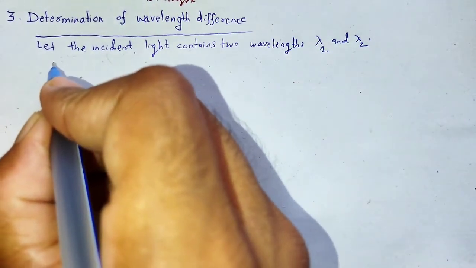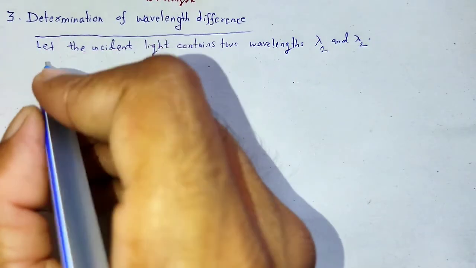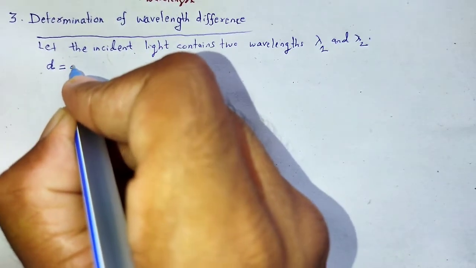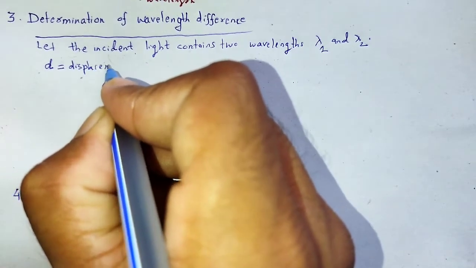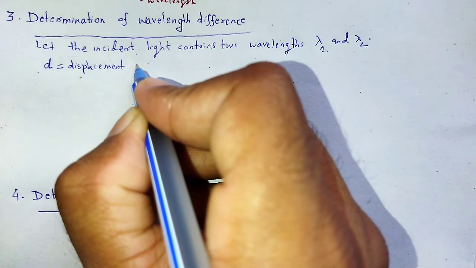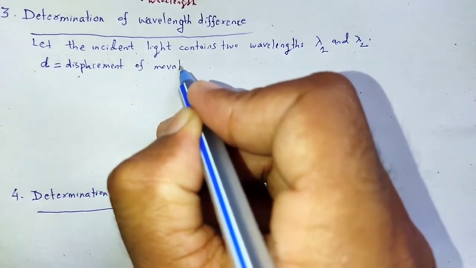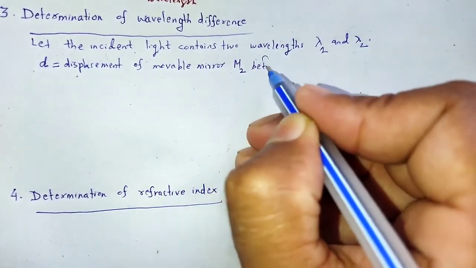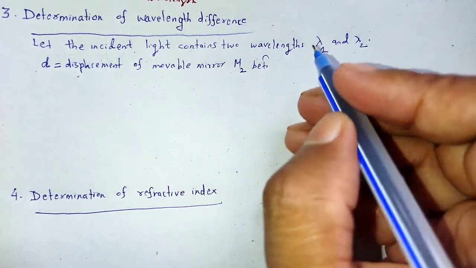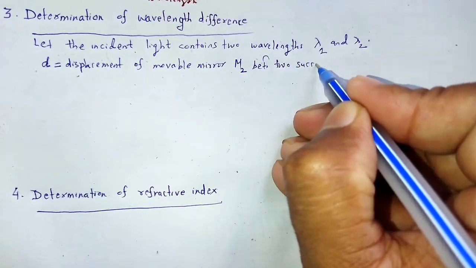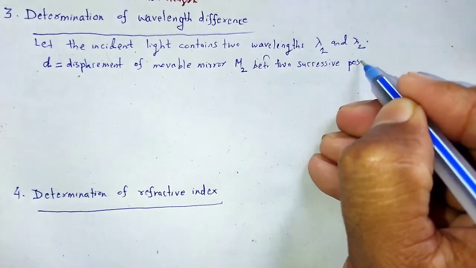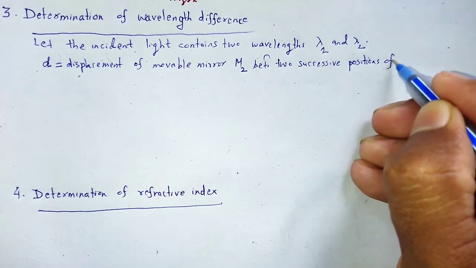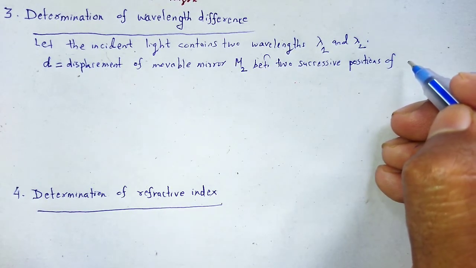Let me take small d, that is the displacement of movable mirror M2 between two successive positions of maximum darkness or maximum brightness.